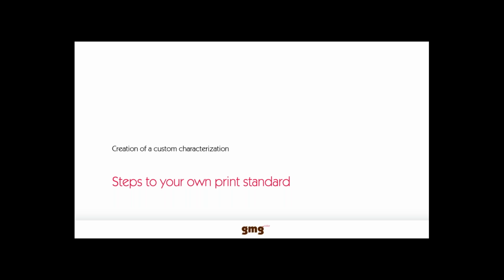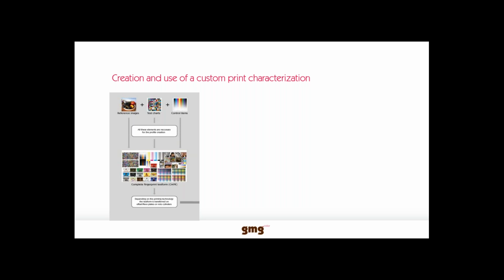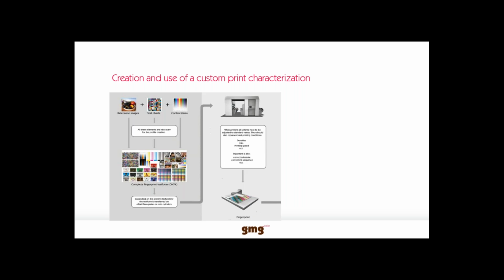So let's take a look at the steps for the creation of a custom standard. The first step would be the definition of all parameters, like the printing machine, the paper, and the inks. The second step would be the test form creation with images, test charts, and further test elements in production size. Then we would make the fingerprint and control all parameters.